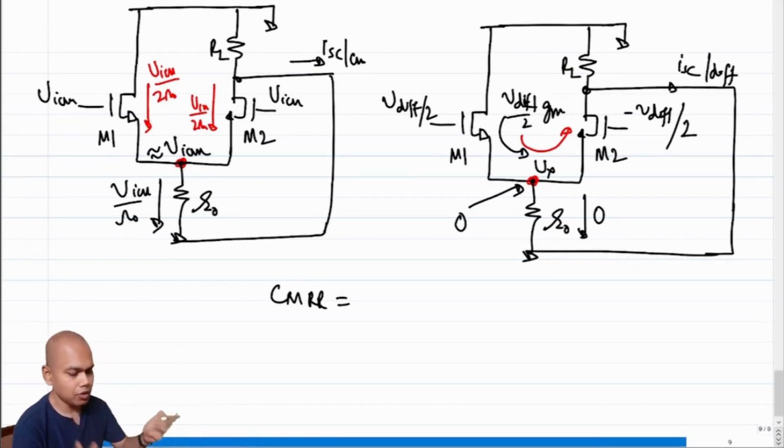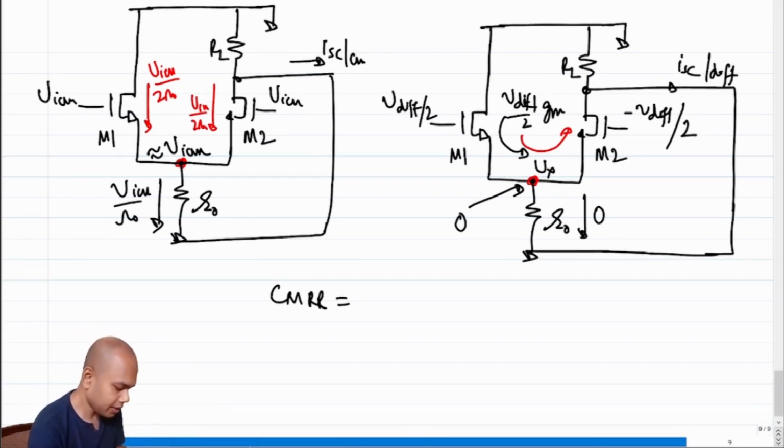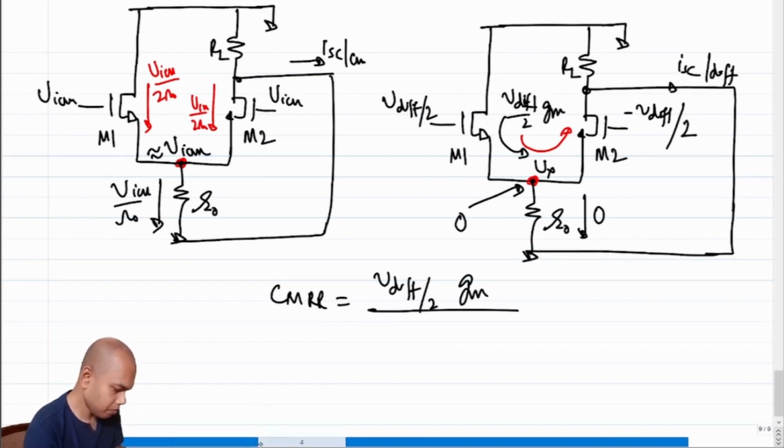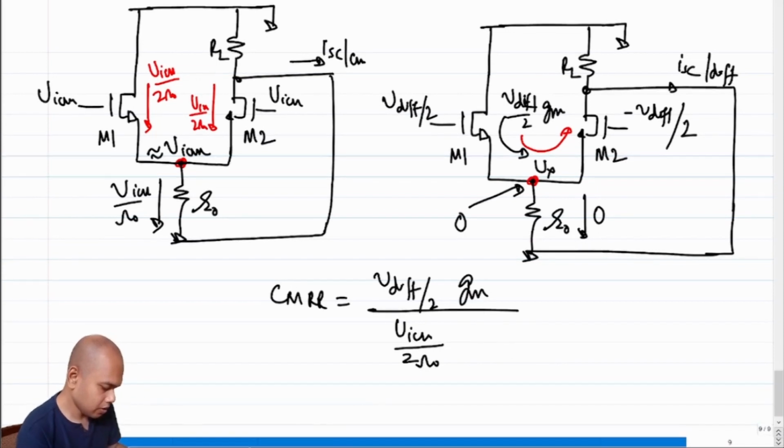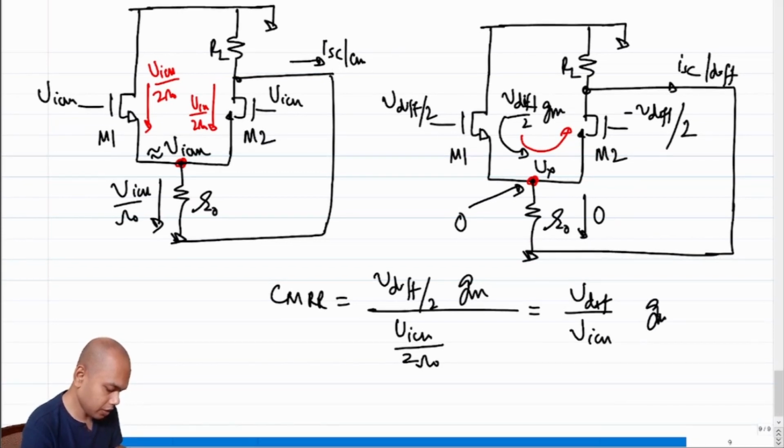So we can deal with only the short circuit current, and that becomes VDiff over 2 times Gm by VICM over 2 R naught, correct? So it essentially becomes VDiff by VICM times Gm times R naught.